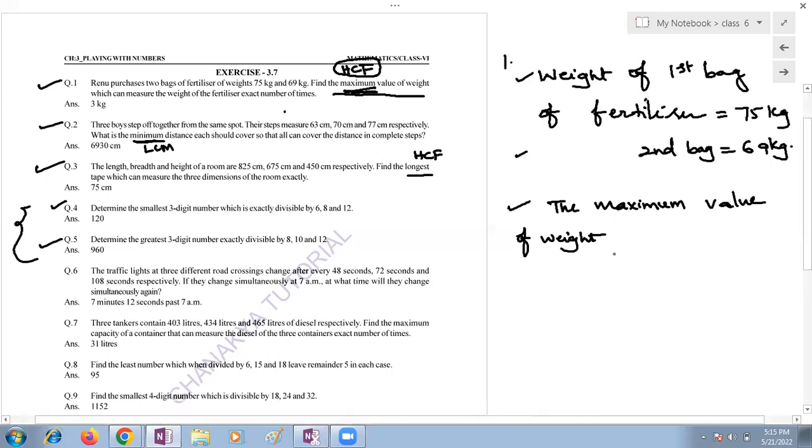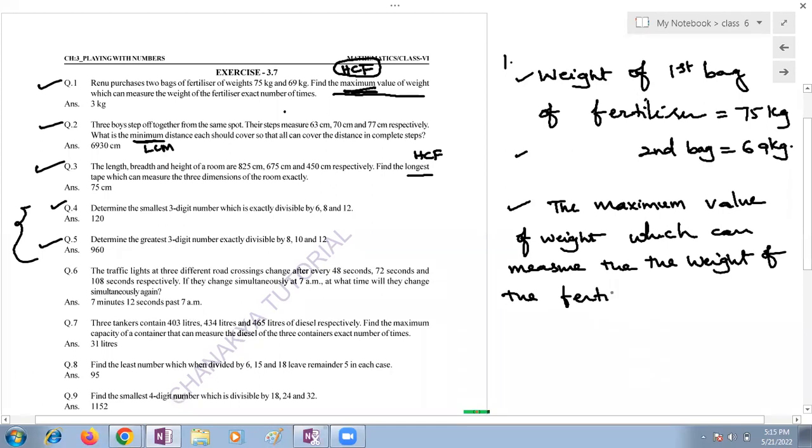The maximum value of weight which can measure the weight of the fertilizer is equal to. So here the maximum is the keyword. What should we do, children?